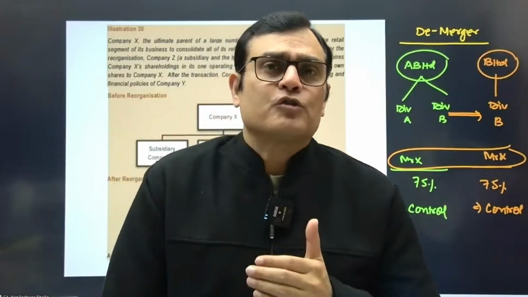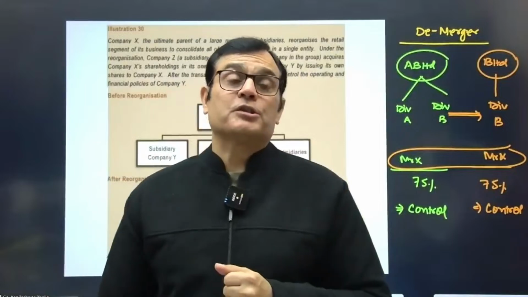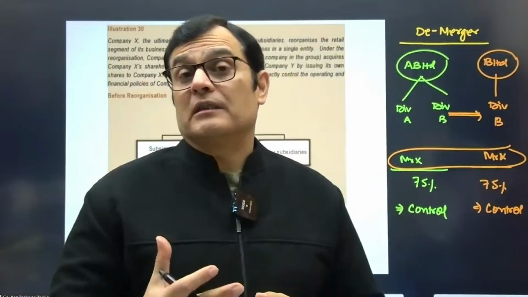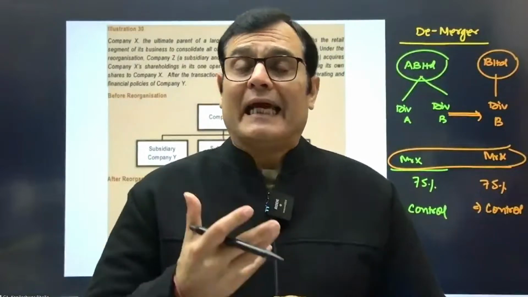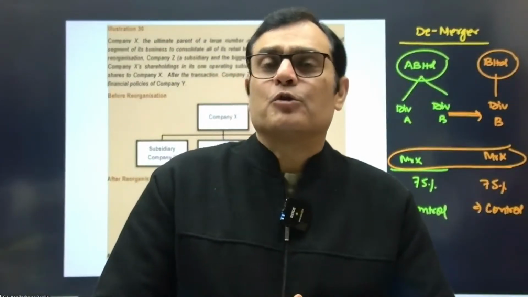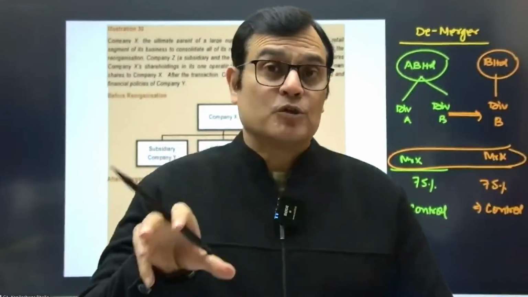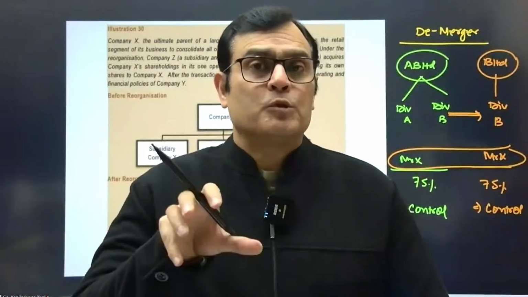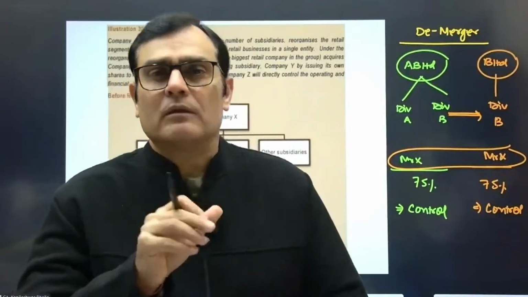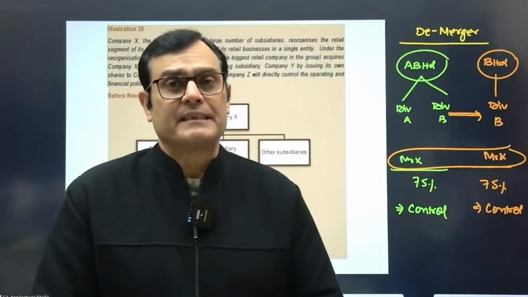There were 5 conditions in AS 14, and companies used to structure the deal in such a way, do certain transactions before the merger, and ensure that some way or the other, things took the shape of a merger accounting. Now, the standard setters also understood that most of the acquisitions under ICAI which were happening were basically based on a merger concept, based on a book value or a pooling of interest concept.